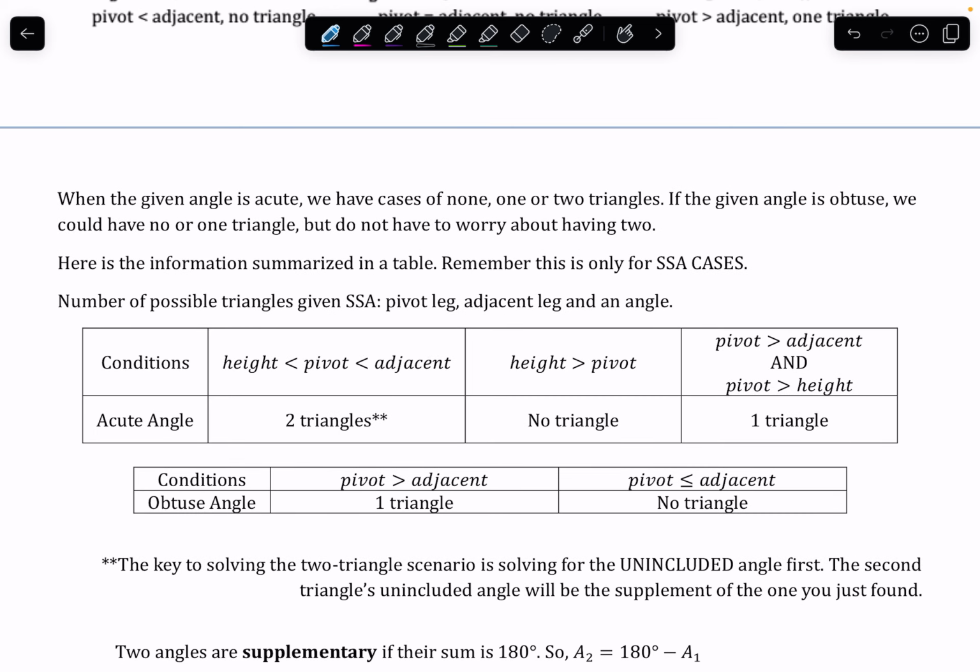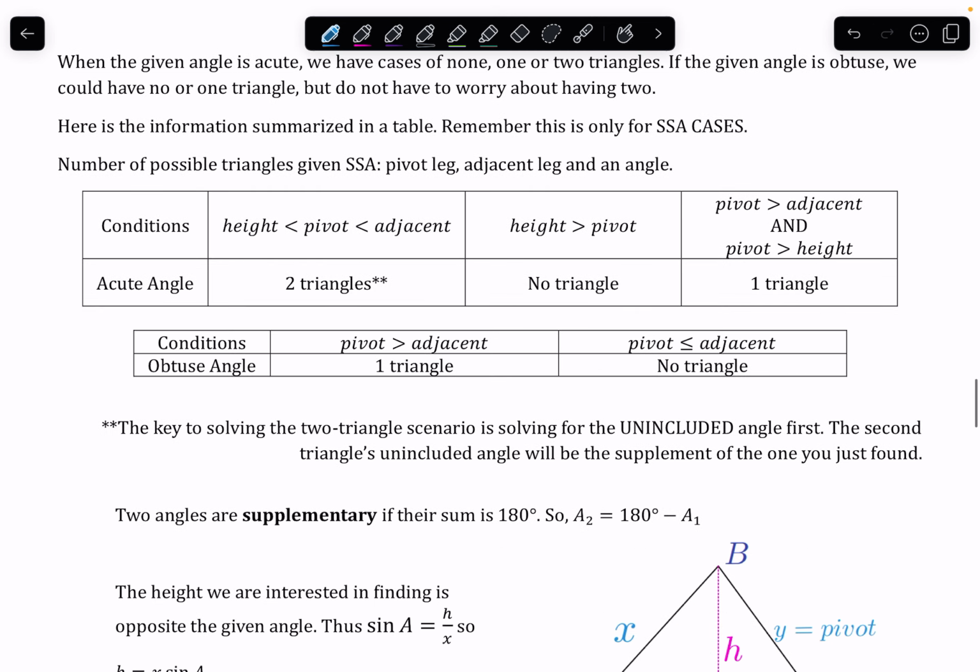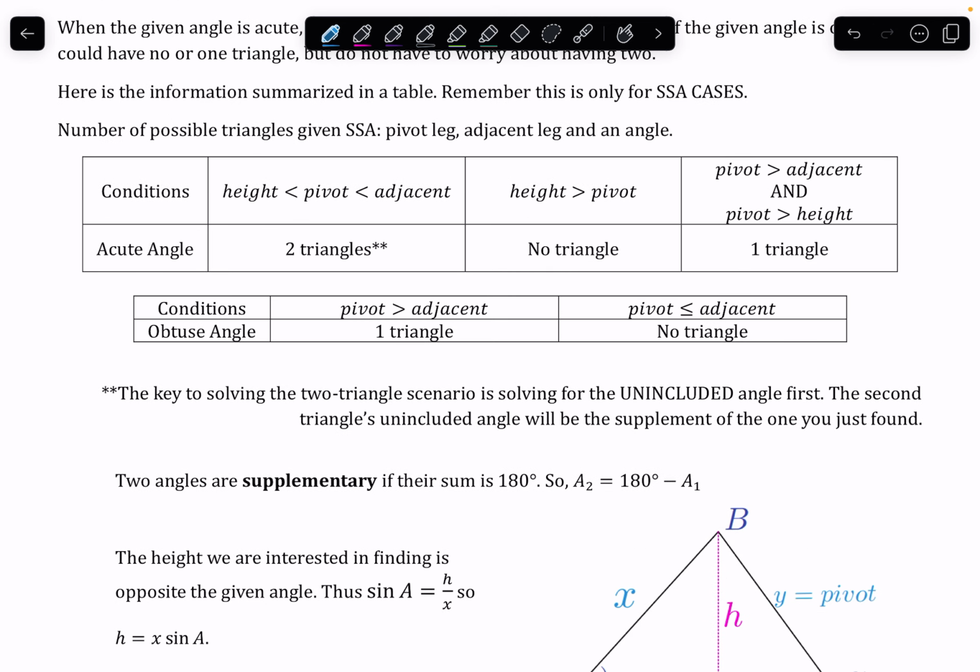The tables is what's going to help you probably the most in figuring this out, and the key is making sure that you can identify your pivot leg versus the adjacent leg, because you've got to know which one it is you're looking at to compare them correctly. So pivot leg versus adjacent leg is what we're going to have to pay attention to. All right. And then in a case of having two triangles, we need to know which angle it is we need to find first.